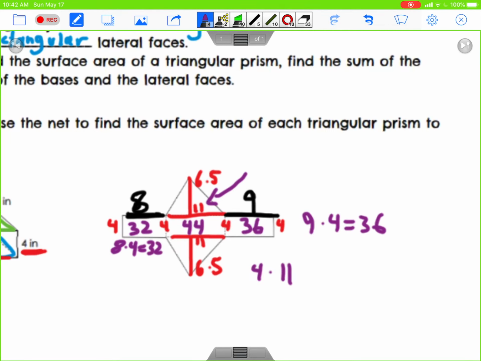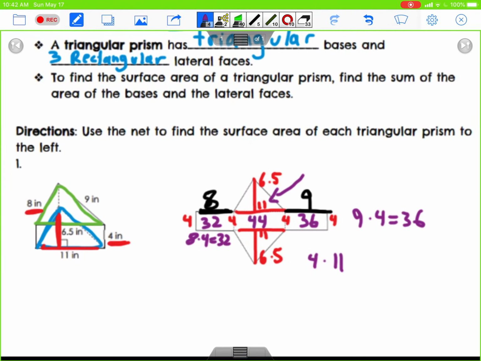Area of a triangle is 1/2 times base times height. So it's going to be 1/2 times 11, because that's our base, times our height of 6.5.